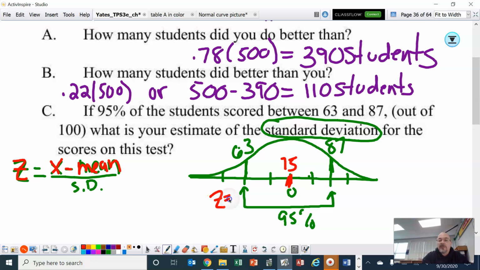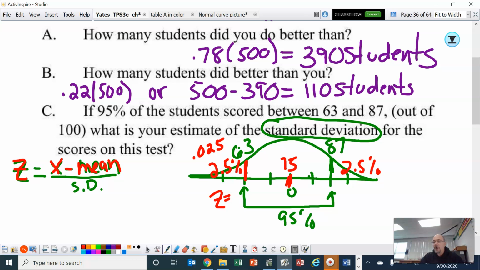Now, what about the z value? Ladies and gentlemen, that's what I just got done teaching you with the inverse norm. If this is 95%, that means this is 2.5% to the left here, and it's 2.5% over here. Think through it. 95% is in the center, 2.5 is to the left, 2.5 is to the right. The decimal for this is 0.025.